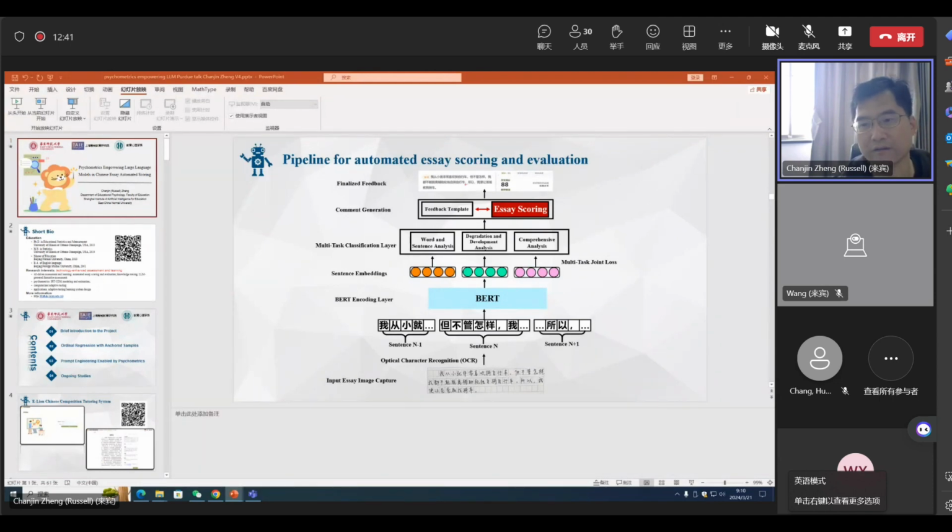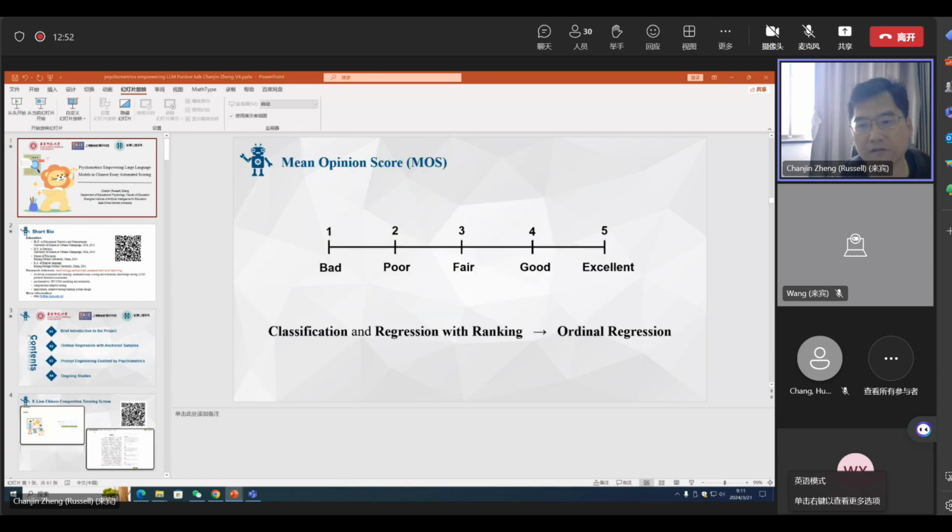After this, we get the finalized feedback with comments and scores. In this particular part, I'm talking about essay scoring. Scoring is basically a classification and ranking problem. We reframe this as an ordinal regression, which gives us computational benefits, which I will not talk about here.